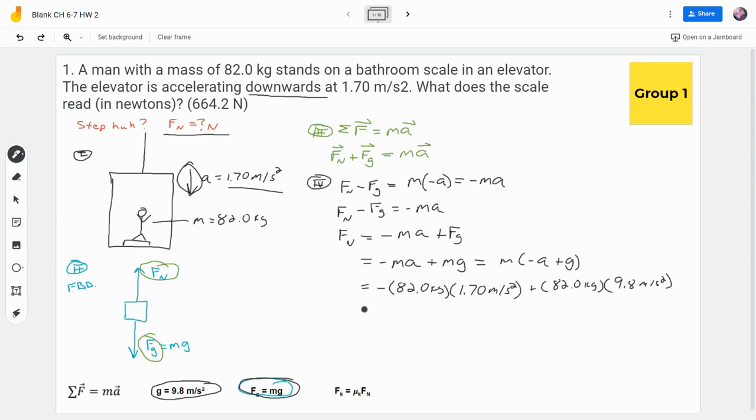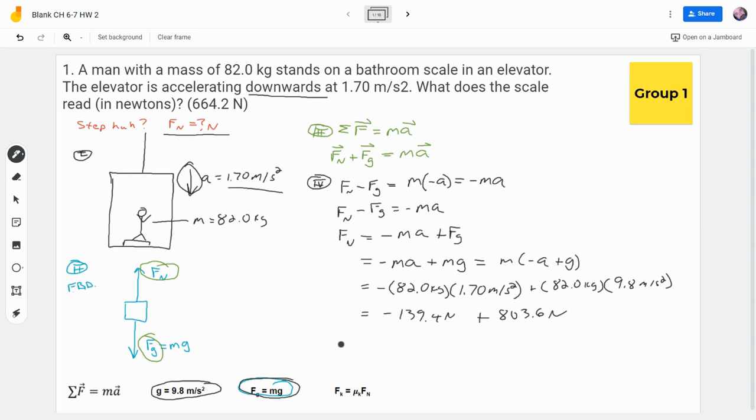If I do all this together, certainly if you're good enough with the calculator, you would do this all in one shot. But if we do this, what do we end up with? This first term ends up being minus 139.4 newtons, plus this guy over here ends up being 803.6 newtons.